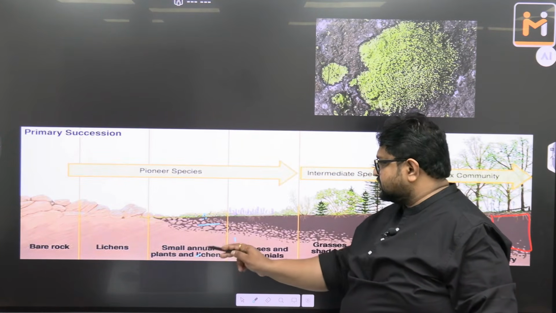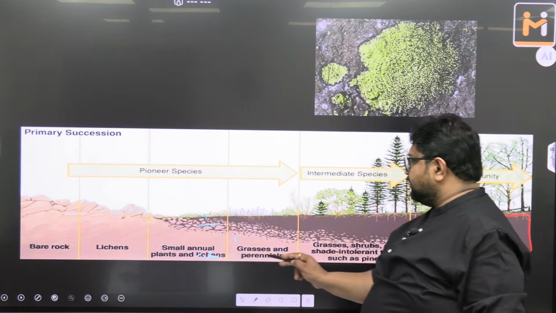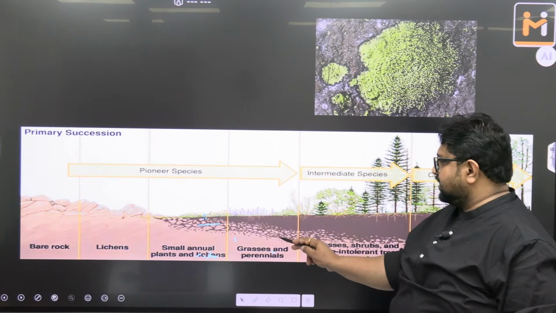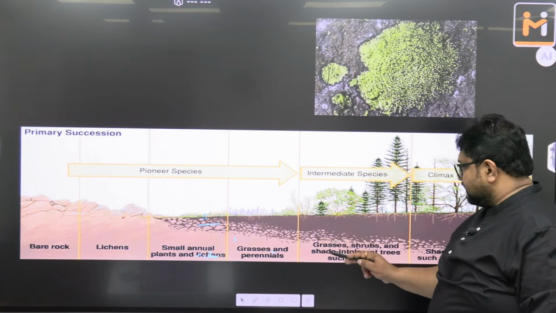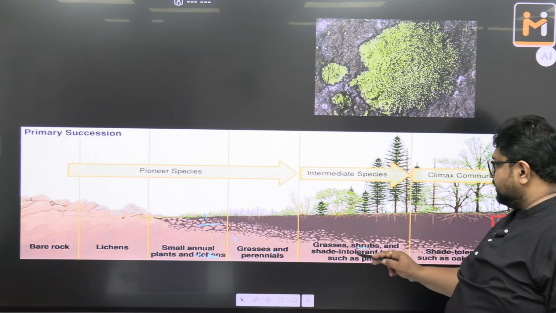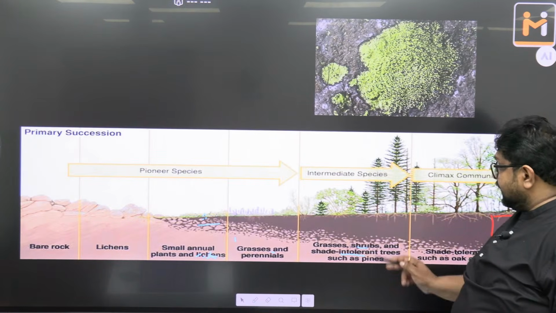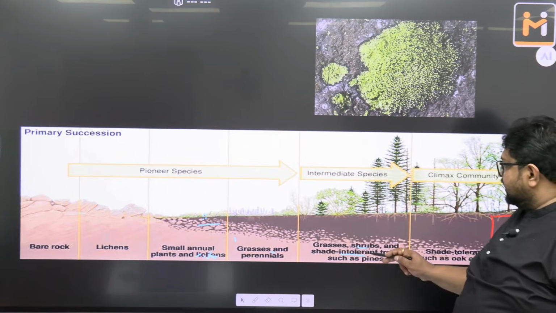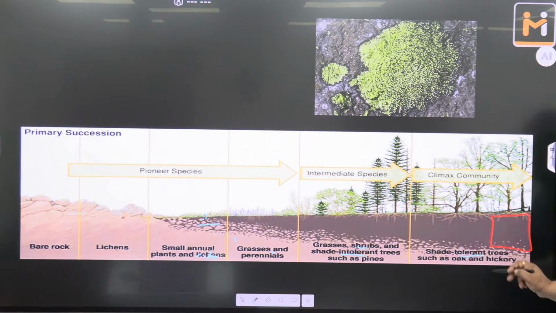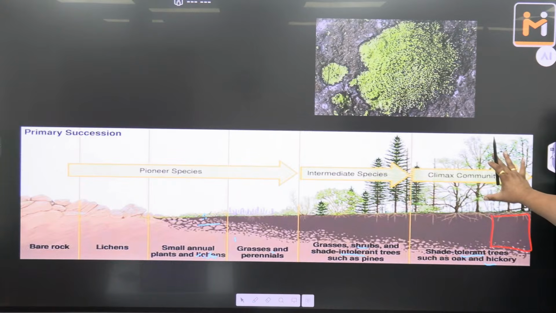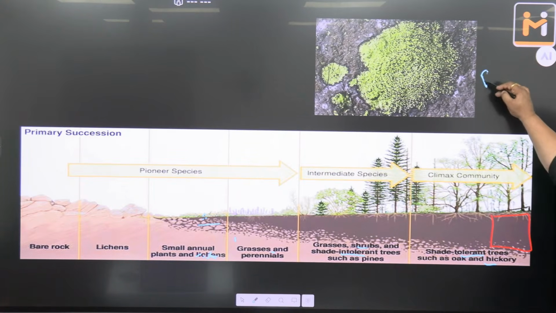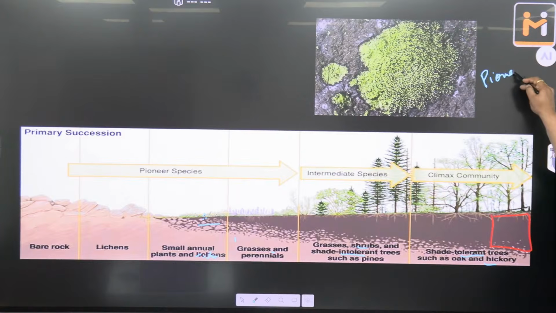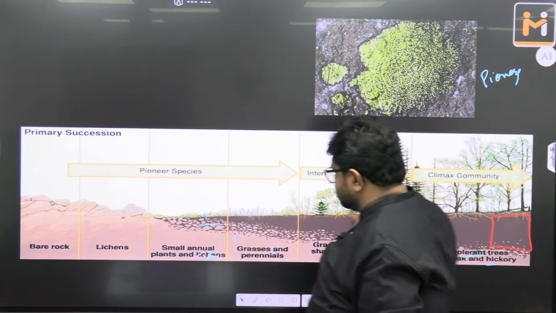Then the lichens are eliminated, replaced by grasses and perennial plants, and then the grasses, shrubs and perennials are replaced by shade intolerant trees like pines, which cannot grow in shade. Then they are replaced by shade tolerant trees, oak and hickory, and this is the climax. These are pioneers and this is climax.